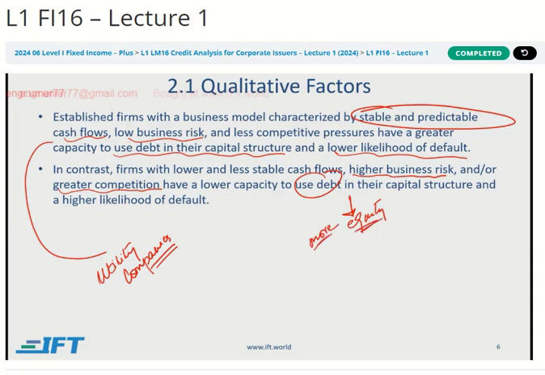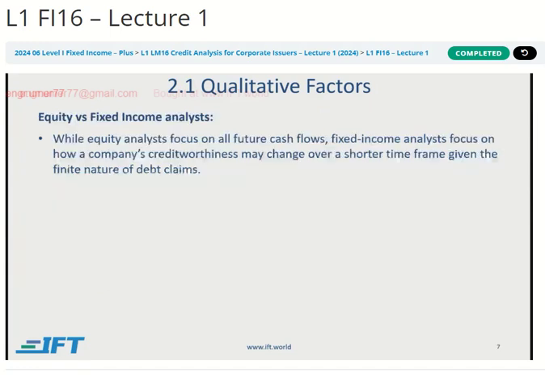And usually, in terms of the industry life cycle and the company life cycle, it's not just smaller firms but also newer firms that have just started up, and they have less stable cash flows. As firms become more mature, their cash flows become more stable and predictable. So, as firms mature, the use of debt can increase.